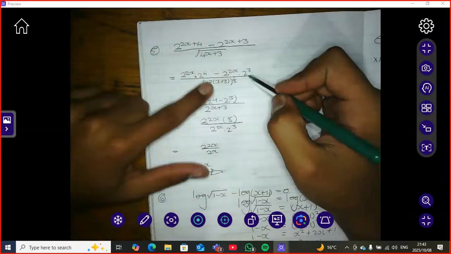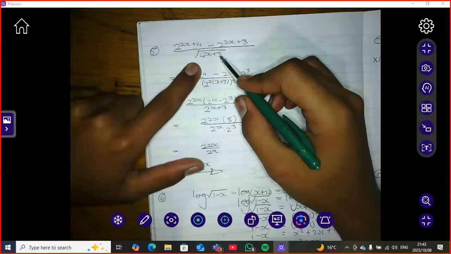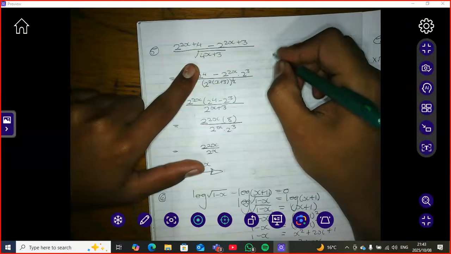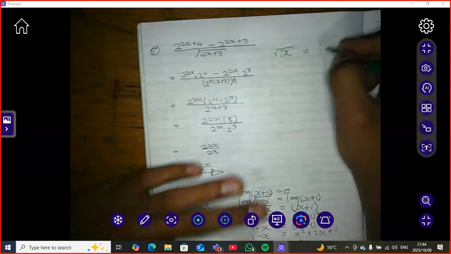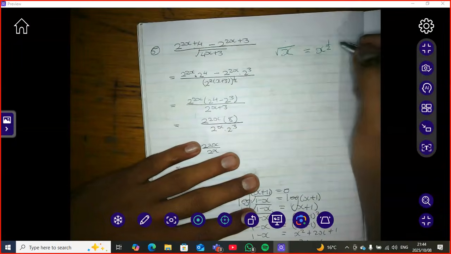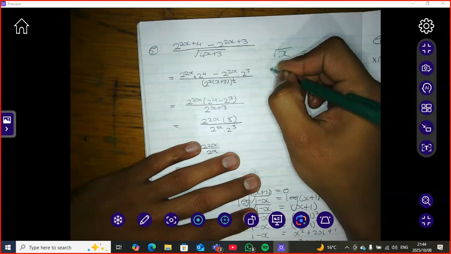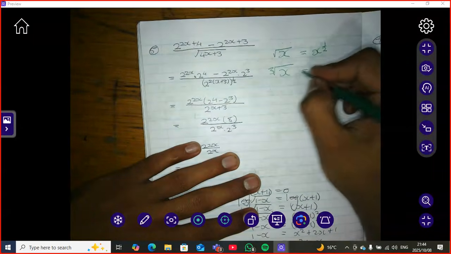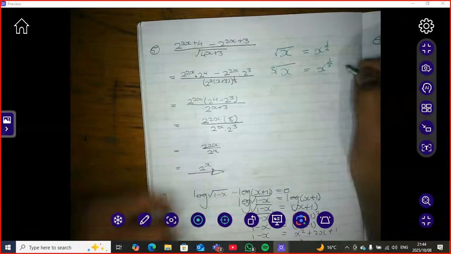So the exact same thing on the other side. Here I have a square root. To simplify my square root, I write x to the power of a half. If I have a cube root, I write x to the power of a third.